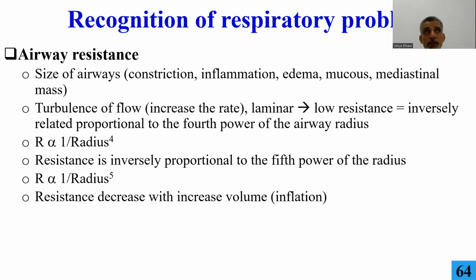Okay, so airway resistance is when the size of the airway changes, either because of bronchospasm, constricted, or because of inflammation. The inflammation can be in the endothelium, but also it can be in the wall. But also it can be mucus inside the airway, or it can be outside the airway as a mass.